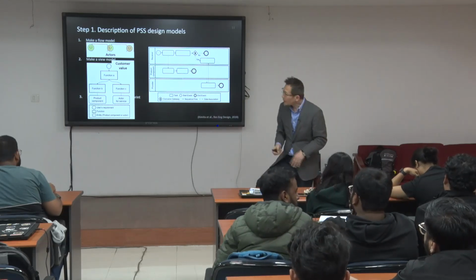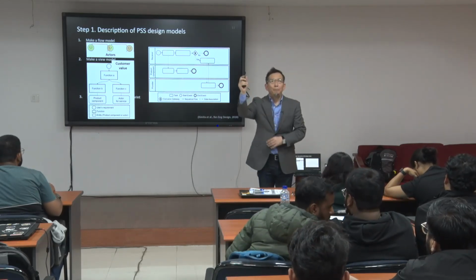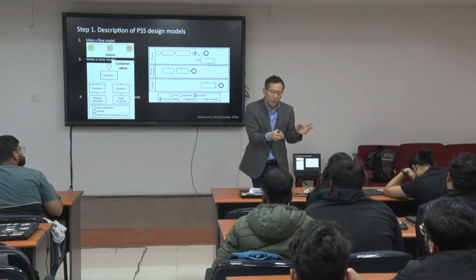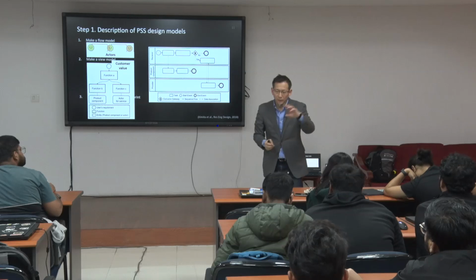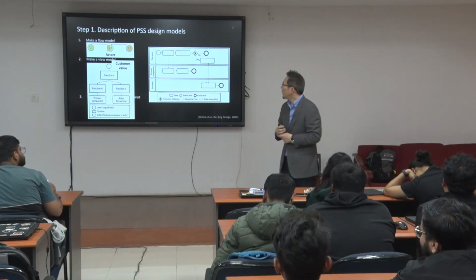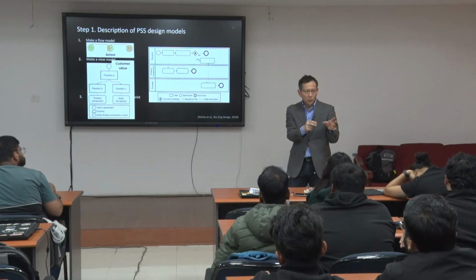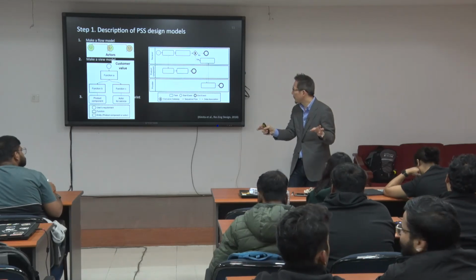Meaning that, let's say, if I continue to use the example of the vehicle moving from point A to B, then the customer value is transport from point A to point B.